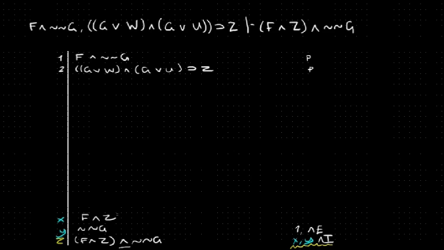Now what about f and z? Well, it looks like this is going to be another conjunction introduction, as a conjunction is the main operator. And that means that on lines v and w, I'm going to need z and I'm going to need f.